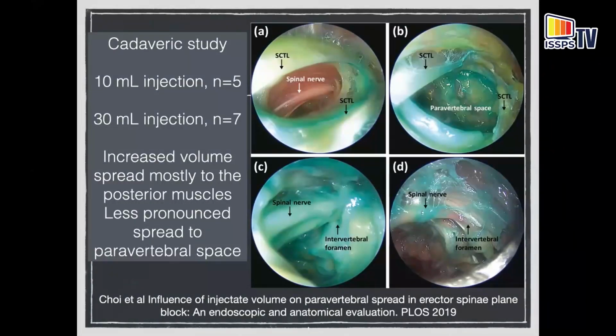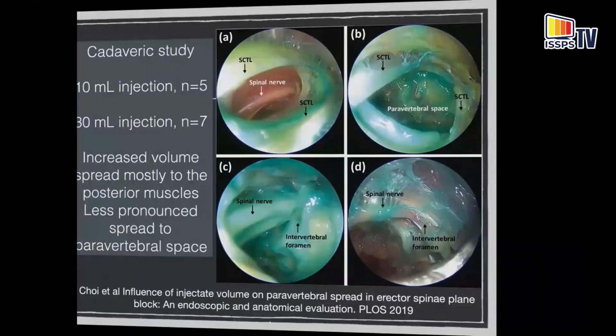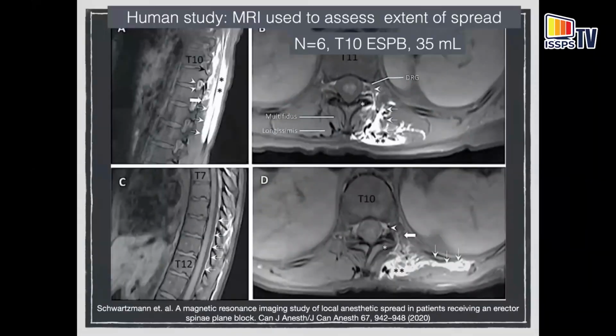Now we're going to move on to a clinical study by Dr. Schwartzman, and this study involves 6 patients with severe chronic abdominal pelvic pain. And in their practice in Uruguay, in South America, they offer an erector spinae block to patients with severe chronic pain.